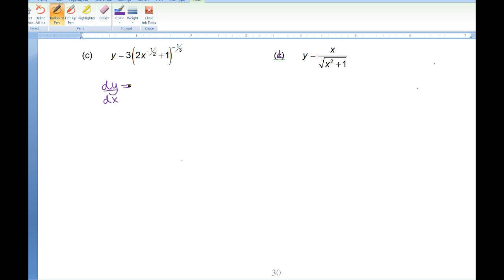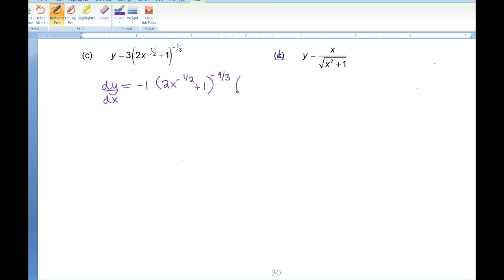So there's a 3 out in front, so if we multiply -1/3, we get -1. Everything inside stays the same. Subtract 1 from the exponent, so it becomes -4/3 times the derivative of the inside.